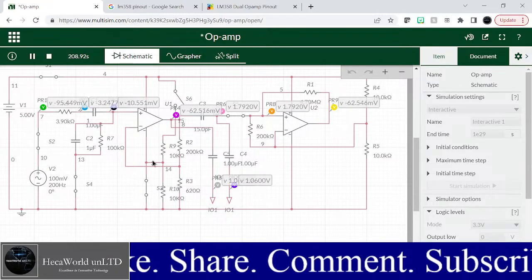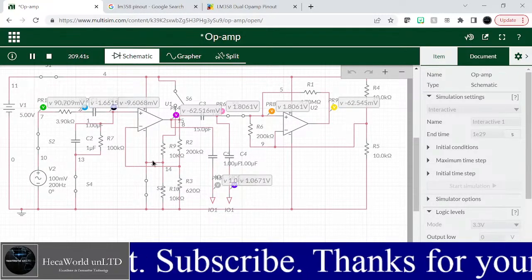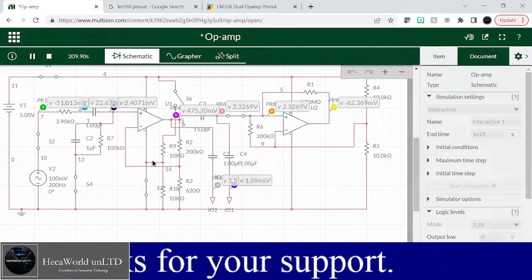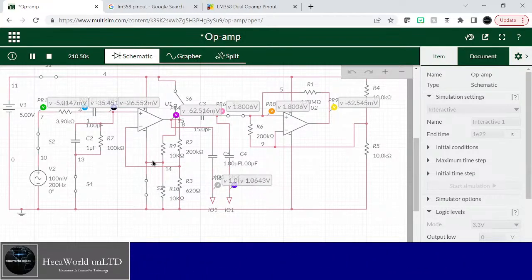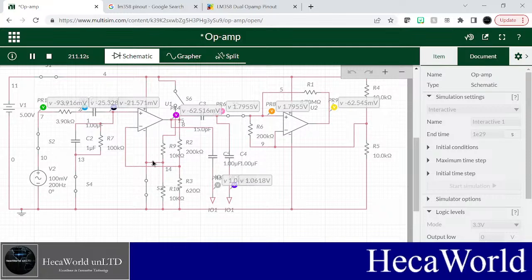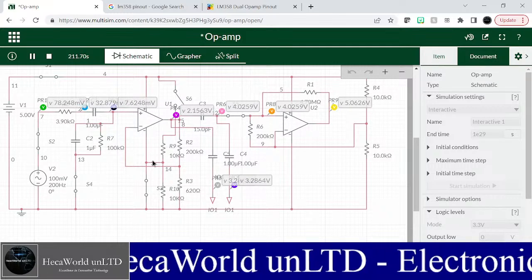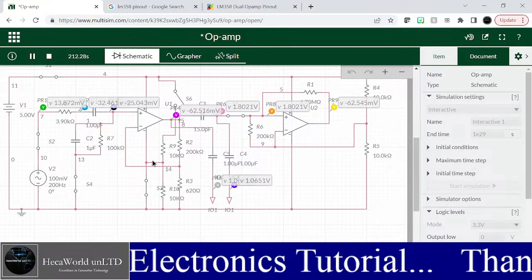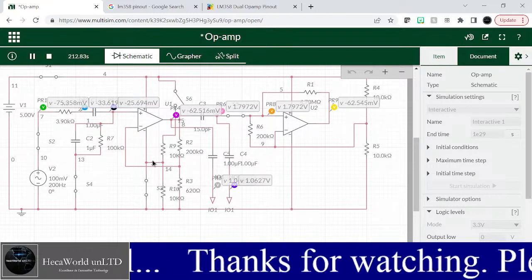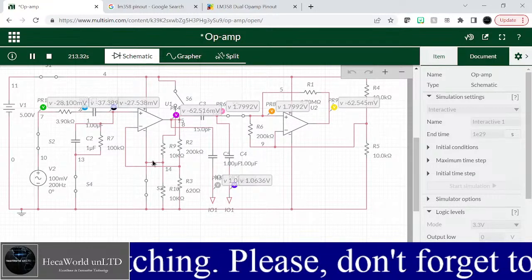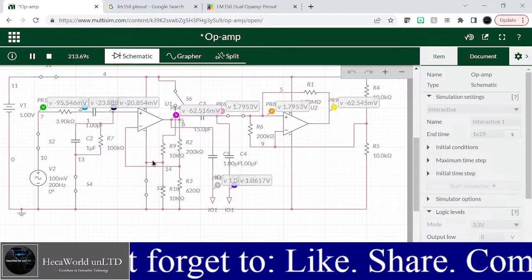So this is an operational amplifier that was designed basically for the purpose, as we said, of recreating the ones and zeros at the output. If you want to have a full sinusoidal wave coming from this op amp, you need to have a dual power supply.